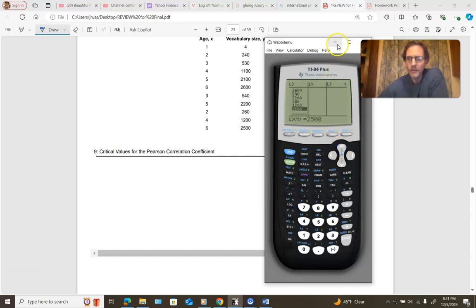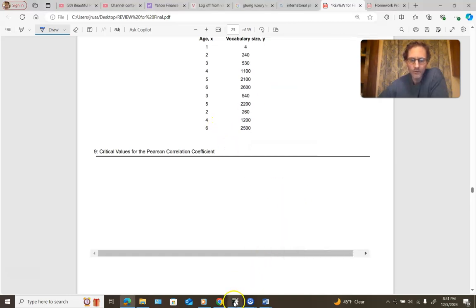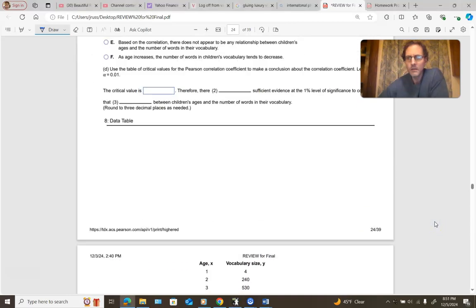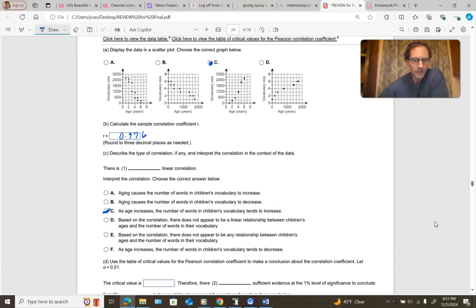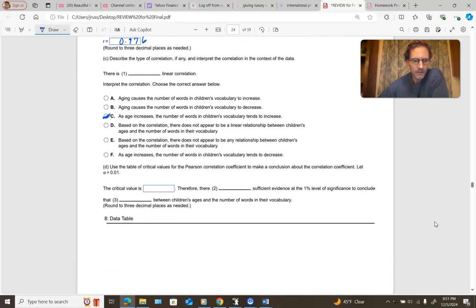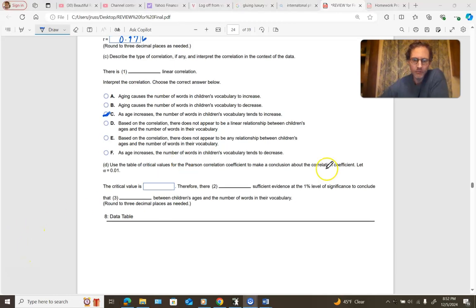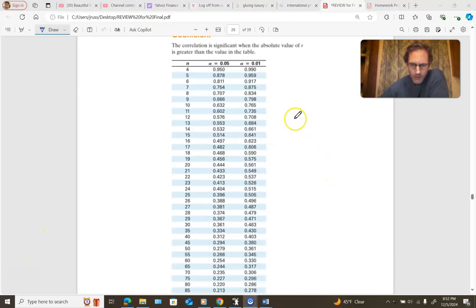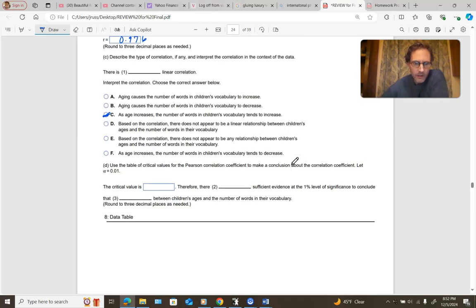Oh no, it's 11. Sample size is 11. All right, so at the significance level of 1%, sample size of 11, this right here is our critical value, 0.735. Okay, so the critical value is 0.735.